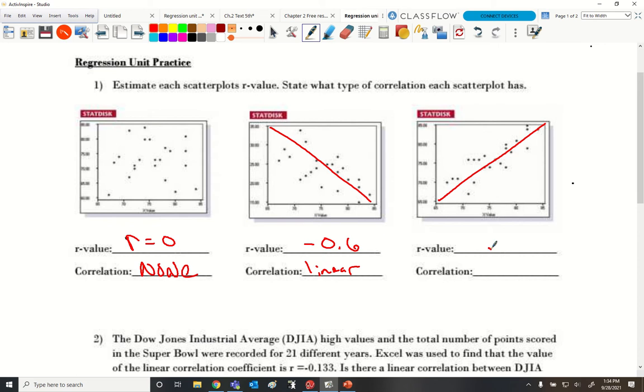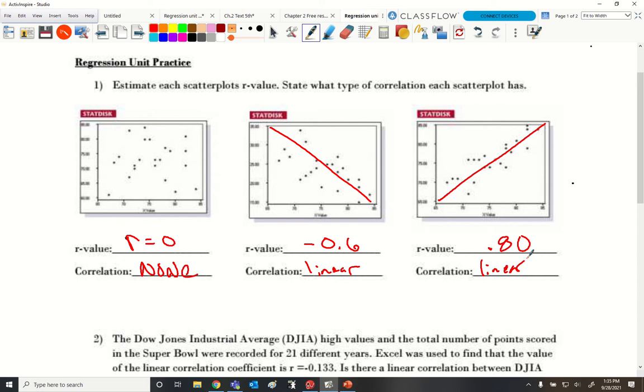Okay, so there we go. 0.8. So an R value would be 0.8. Don't forget, an R value of 1 is 100%. So that would be 1.0. That would mean that this line would touch every single dot. And this one's also linear.